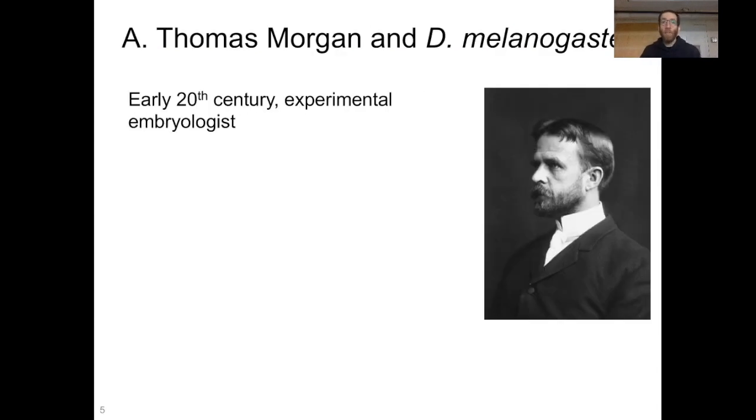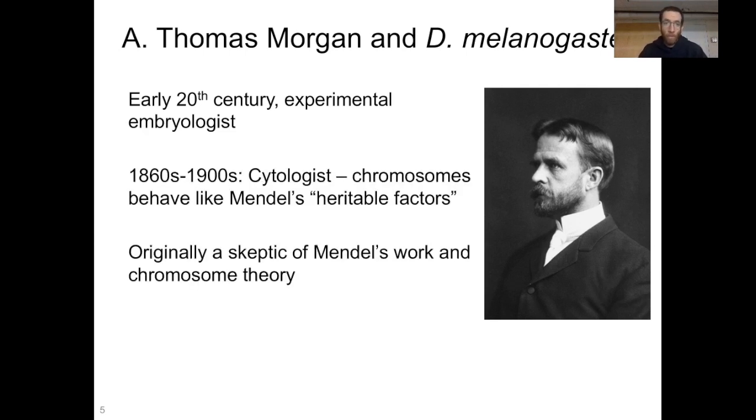So we'll start with Thomas Morgan and Drosophila melanogaster, which is the fruit fly. Now Morgan, as you can see right here, this is Morgan, played by Peter Dinklage, and he was a biologist in the early 20th century, and he was actually an embryologist. He wasn't a geneticist, at least not at first.